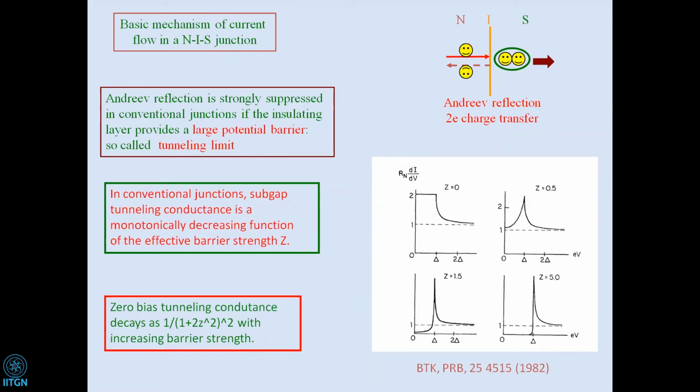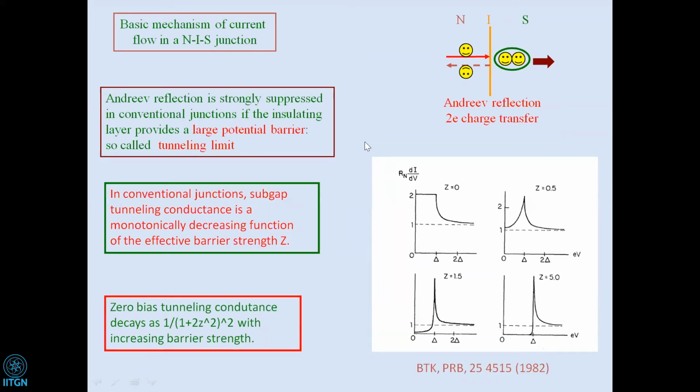But the point is that in the limit where there is a large barrier strength, this tunneling conductance just tells you about your superconducting gap, stating that typically as you increase your Z, your tunneling conductance is going to be a monotonically decreasing function of the barrier strength.